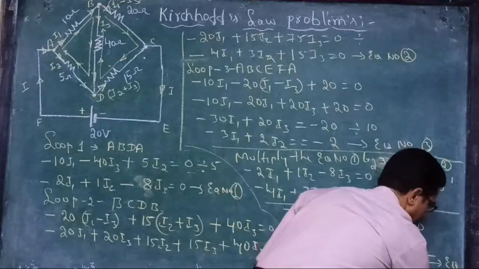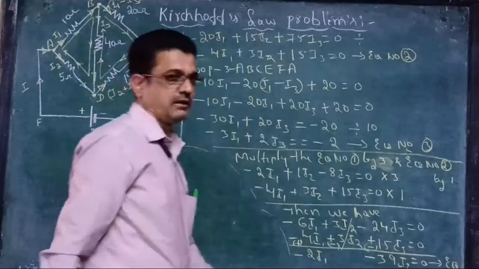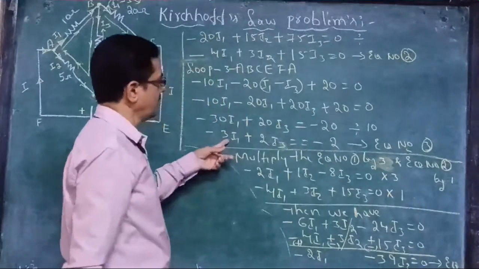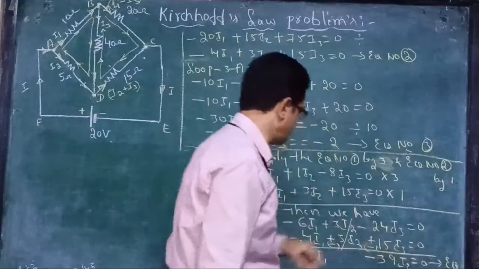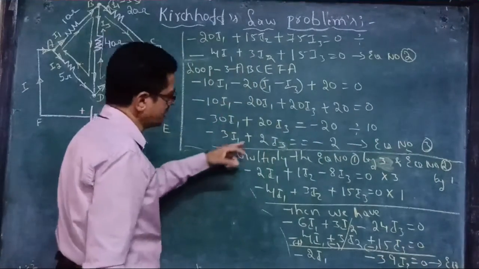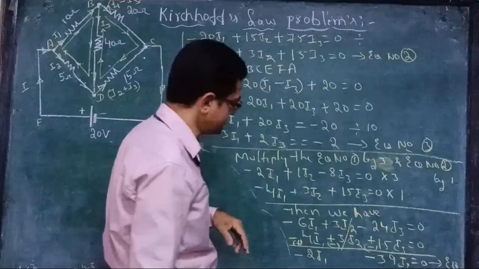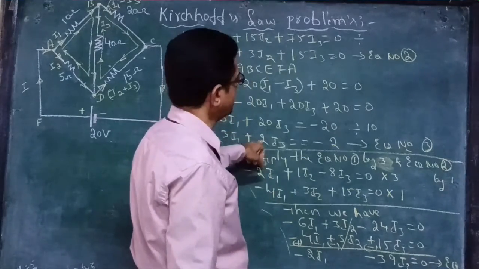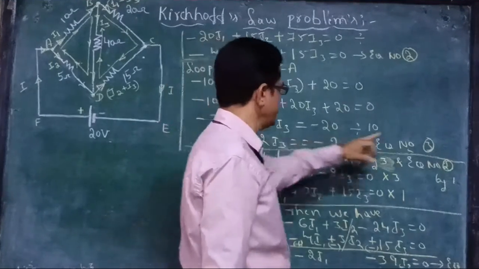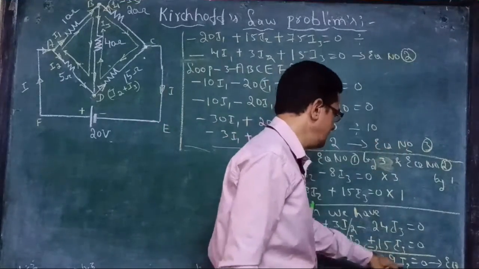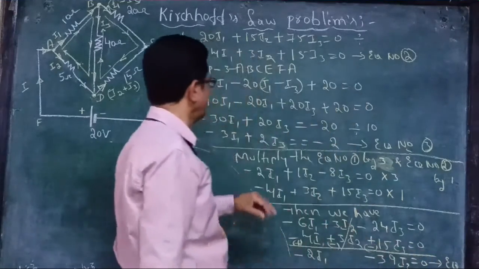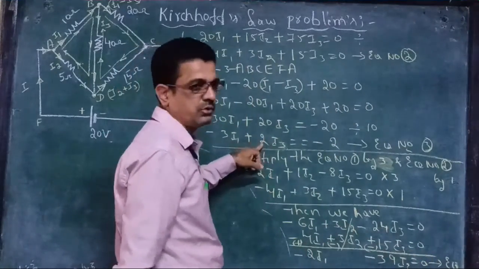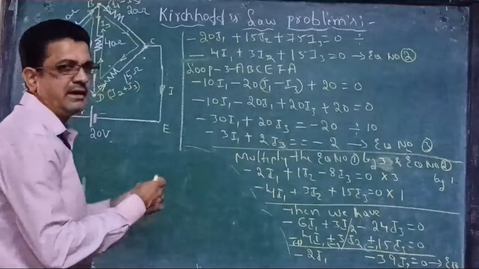This is equation number 4. Okay, here we are equating equation number 3 and 4. Before we equate, we should cancel. So how is it possible? This equation number 3 must be multiplied by 39 and equation number 4 must be multiplied by 2. Then it will be cancelled.